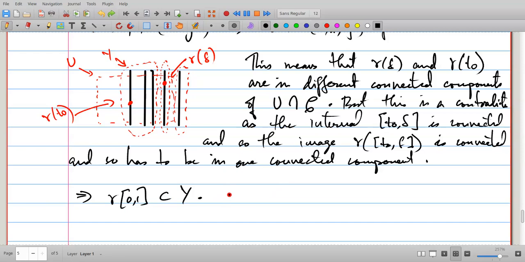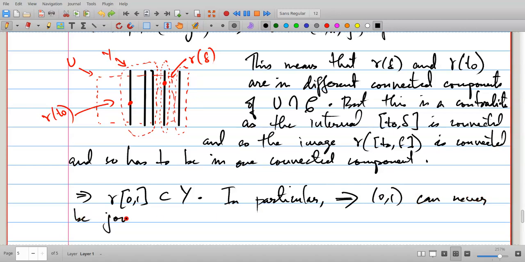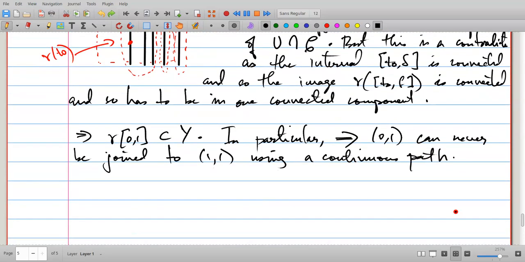So in particular, this means that the point 0, 1 can never be joined to a point, let's say 1, 1, using a continuous path. So in fact, it is easily checked that Y is path connected.